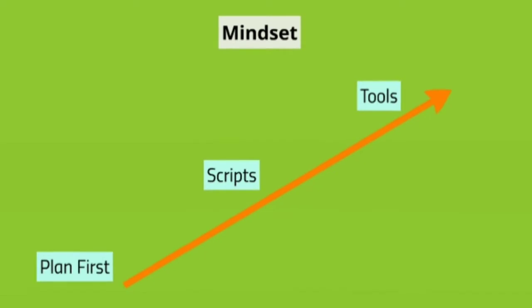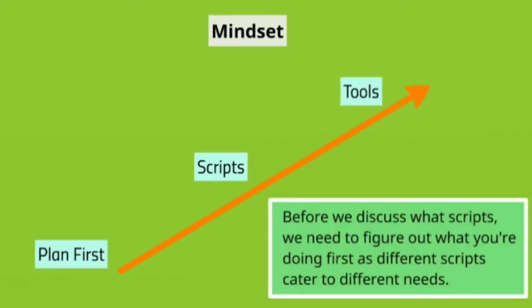Before we discuss what scripts to use, we really need to figure out what you're doing first, as different scripts cater to different needs. We could talk about aMember Pro, which is one script that I personally recommend, and that's something I've used for literally a decade and a half.